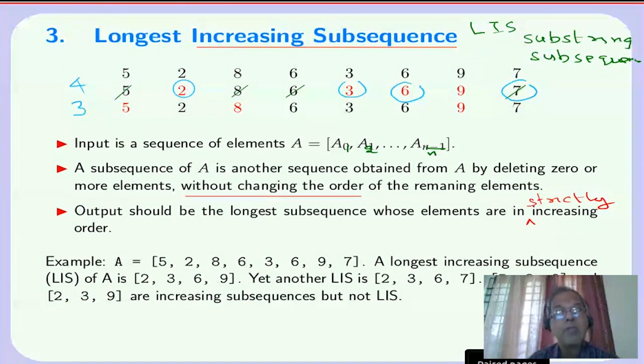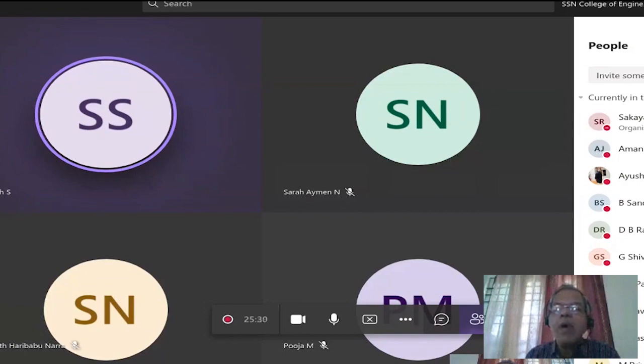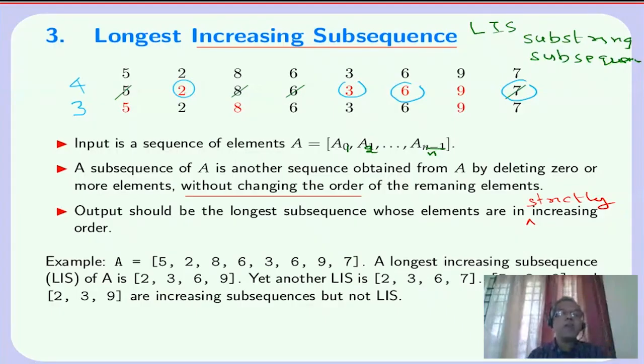So, how many subproblems do you have then? 2 subproblems, sir. Like selecting the first element or leaving it. Okay. So, what's the name? Sarvesh, sir. Okay. So, Sarvesh suggests: find the LIS of 2, 8, 6, 3, 6, 9, 7.